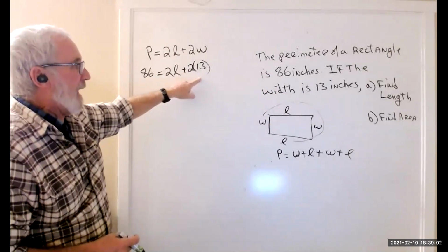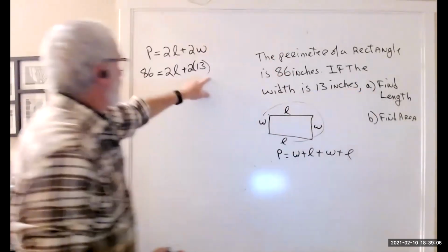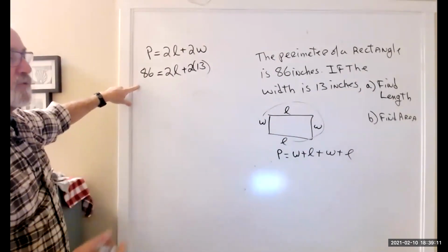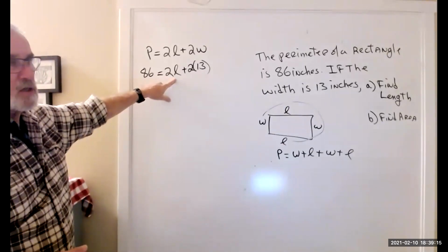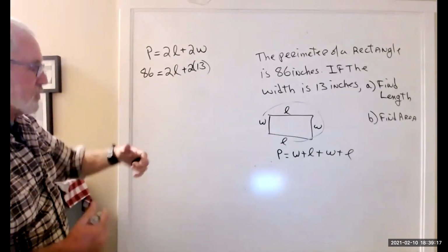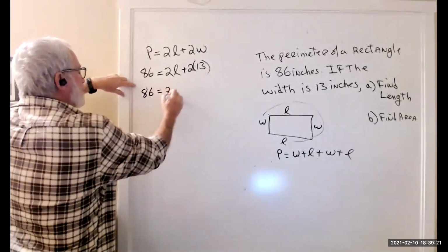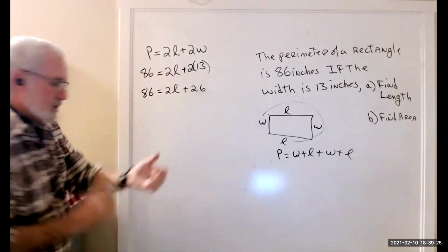It says find the length. So look at this equation that I just created. If I use my equation techniques and solve for L, I'll answer the question. So this is 86 equals 2L plus 26. 2 times 13 is 26.